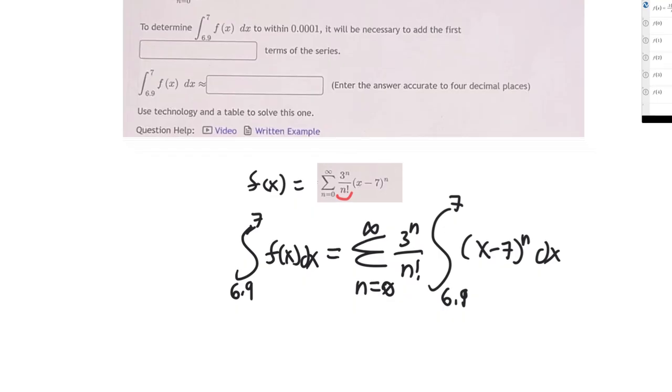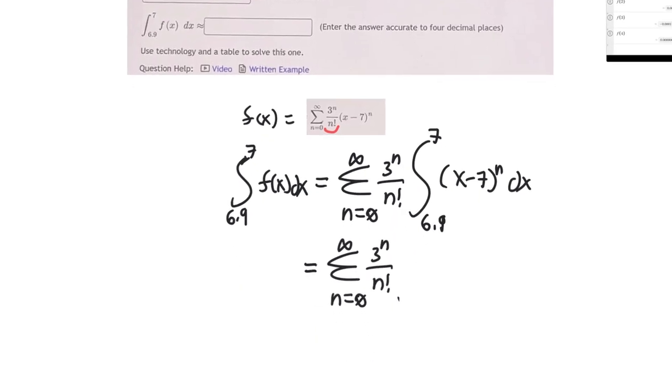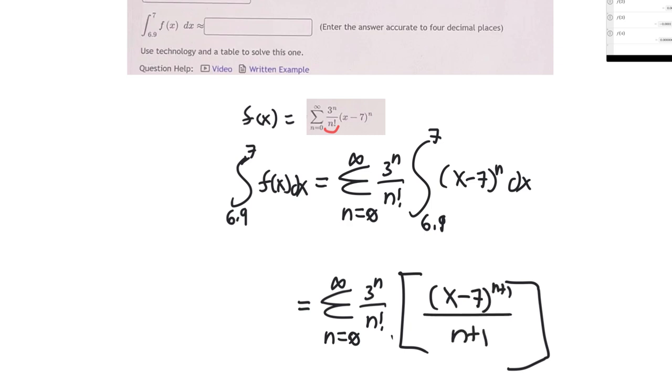And in this case, I think we understand we are going to have this part. And this is going to be in its little box. And power rule applies. Goes from 6.9 to 7.